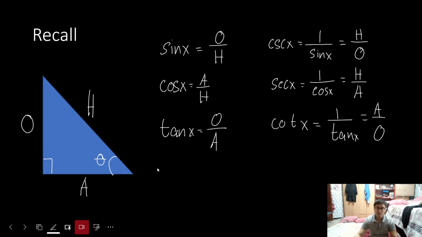You can memorize this by using the mnemonic device, which is SOH-CAH-TOA. If you are not familiar with that, I suggest you watch my previous videos about the six trigonometric ratios. Okay? So now that we recall the trigonometric ratios, let's begin recalling our discussion last time.